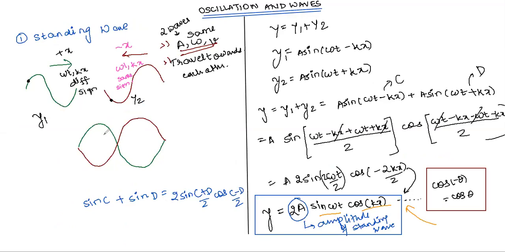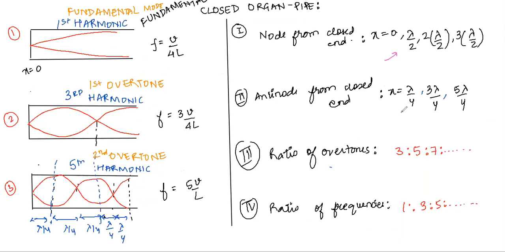See here, I can write the equation of a standing wave as 2a cos kx into sin omega t. Suppose I fix the value of x. Here we learned different values of nodes and antinodes.